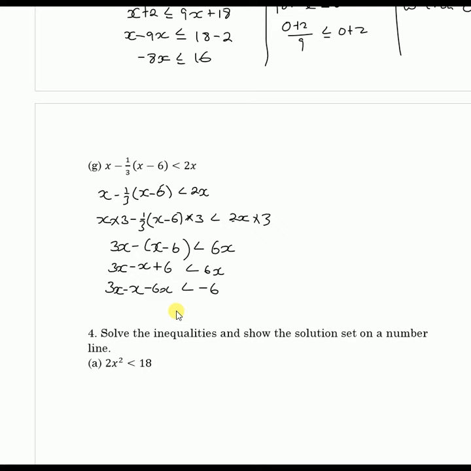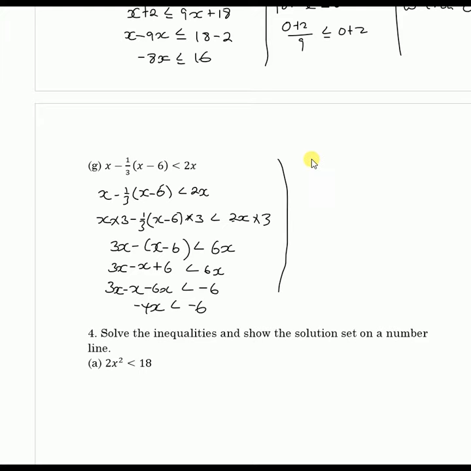Then 2x minus 6x, this one is getting us negative 4x. And negative 4x less than, not less or equal to, man, that is less than negative 6.